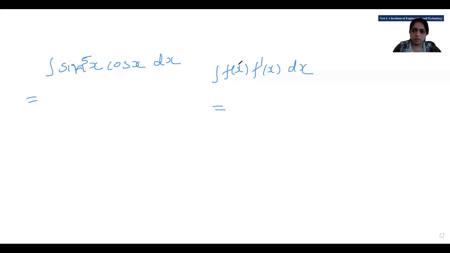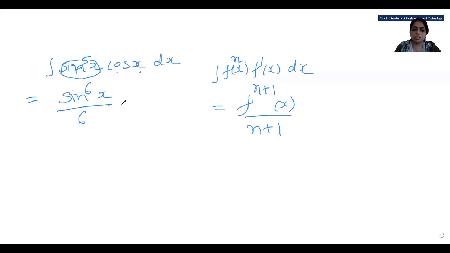If f raised to n x, then f raised to n plus 1 x upon n plus 1. Here our given function is sine, and cos x is its derivative. So here our n is 5. So our answer is sine raised to 6x upon 6.